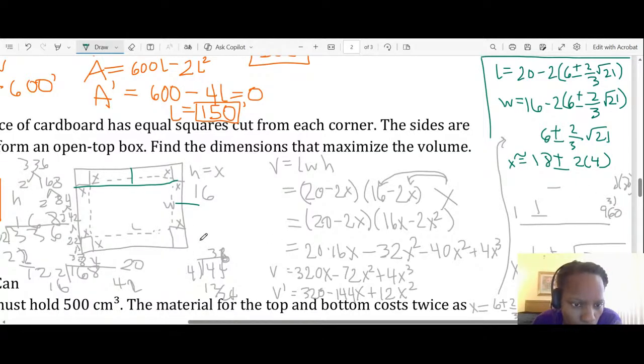It can't be greater than 16. 18 minus 8 is 10. If x was 10, though, that would not be good because, like I said, it's going to be half, and we won't have any area.